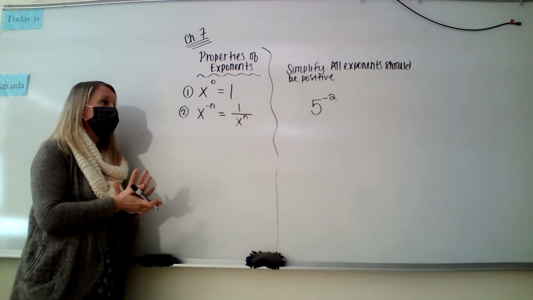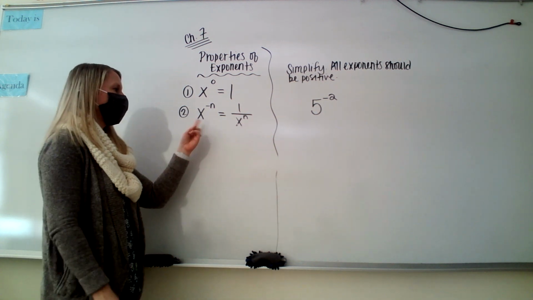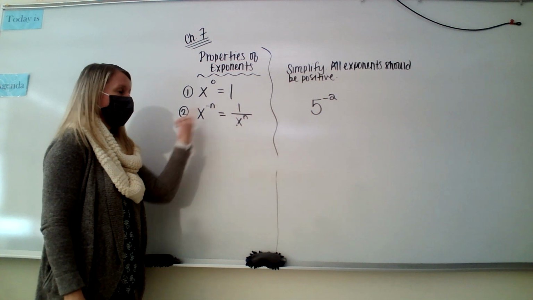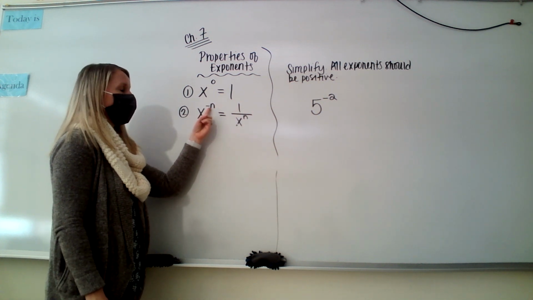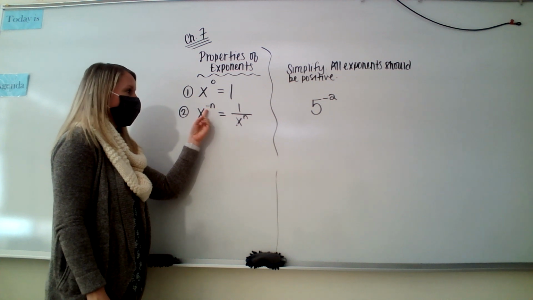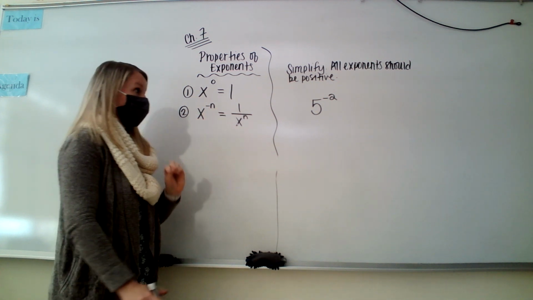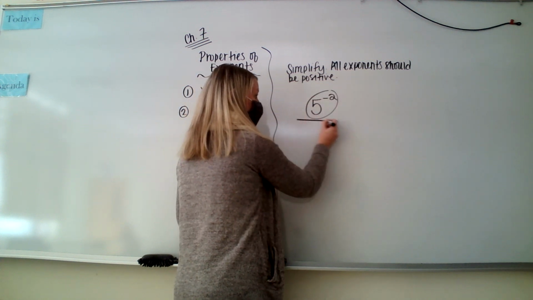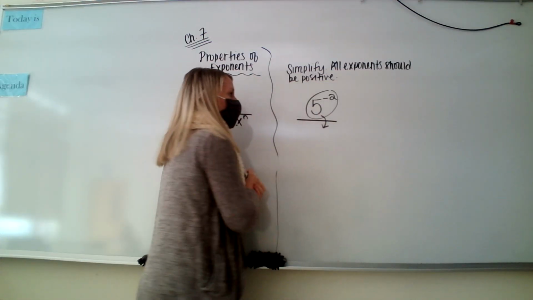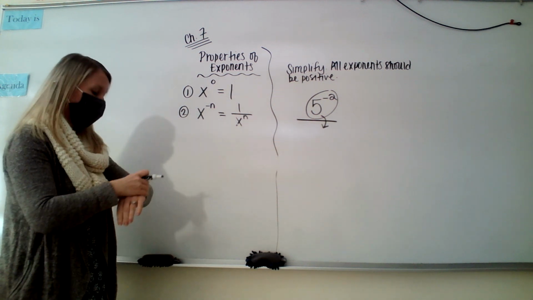Think about what this is saying. We have a base, no matter what it is, here it's a 5, to a negative exponent. To take care of that, we are going to flip this. I make a fraction and flip it, because that's what a negative exponent means.